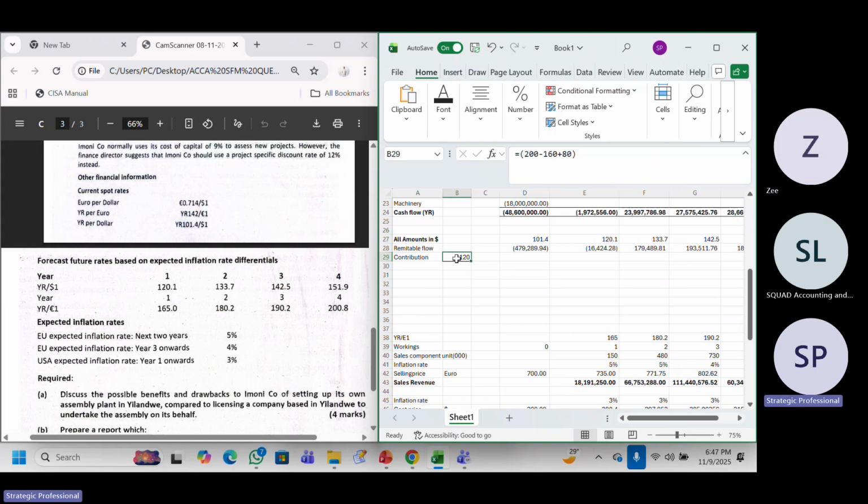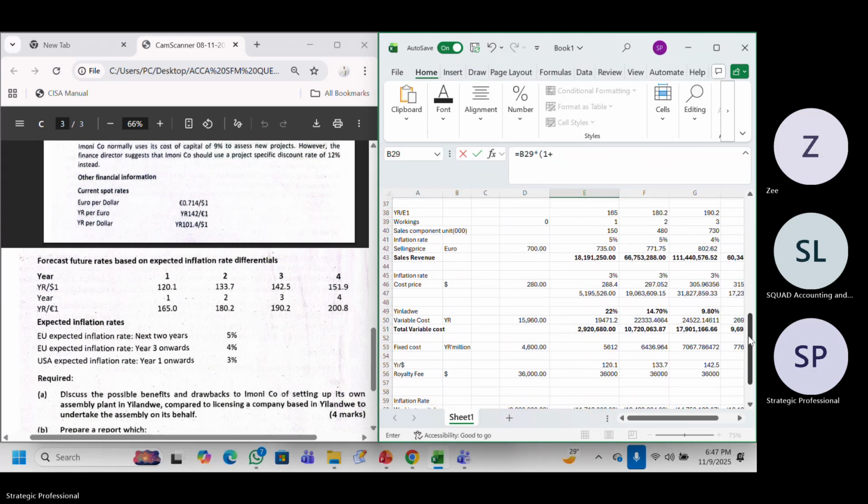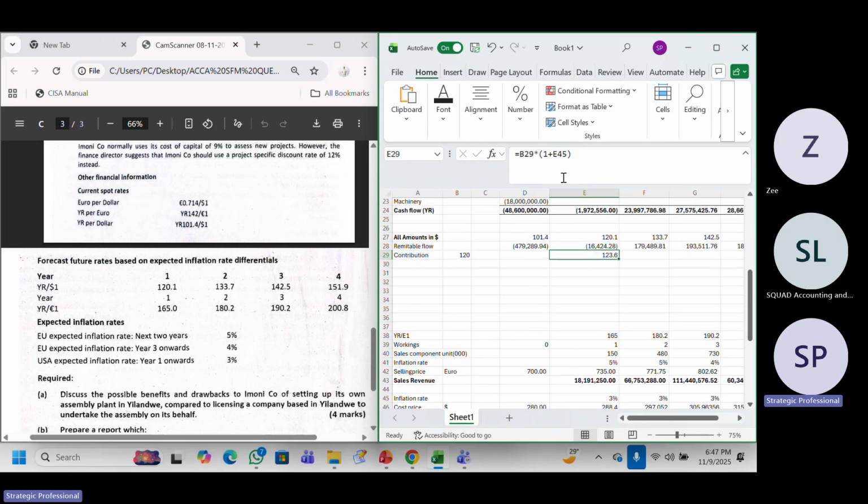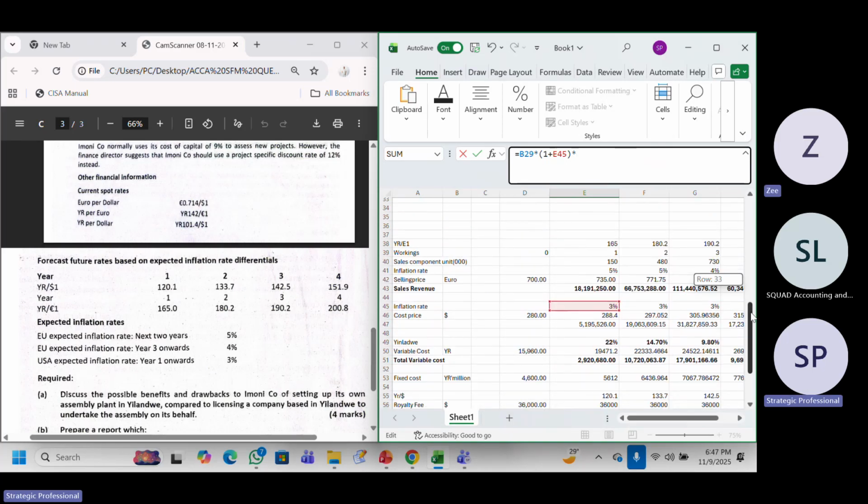The inflation rate in the USA is 3%. And don't forget that we have to multiply it by the number of goods, because this contribution is per unit. So this component unit is 150.